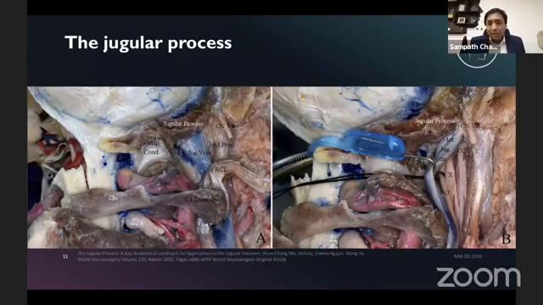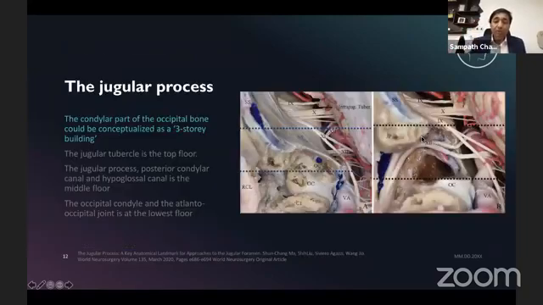Okay, so I've seen a lot of people close the sigmoid, close the IJV, preserve the entire jugular process, debulk tumor in the jugular bulb area, and then say that they've removed tumor. It doesn't work that way, because unless you remove the jugular process, you will not be able to see the lateral wall of the jugulosigmoid complex.